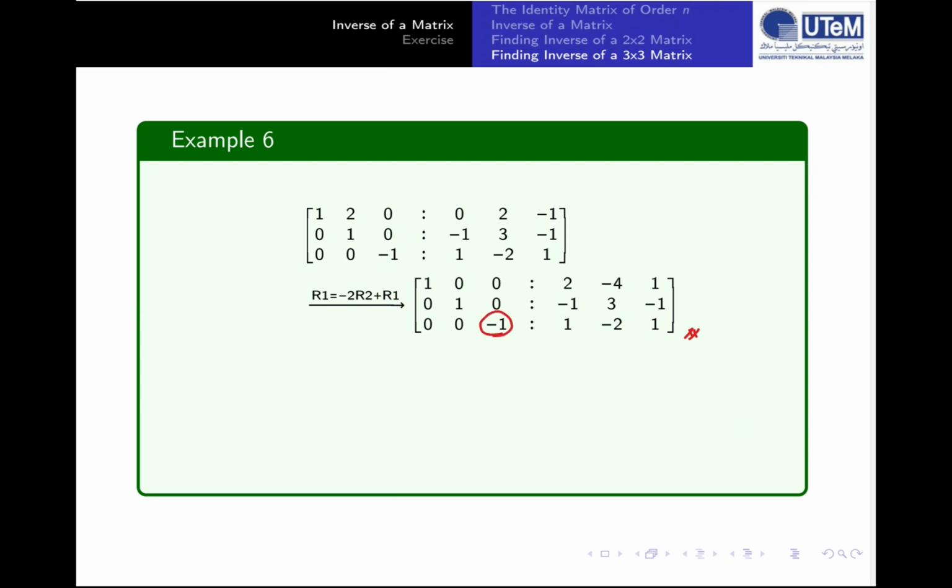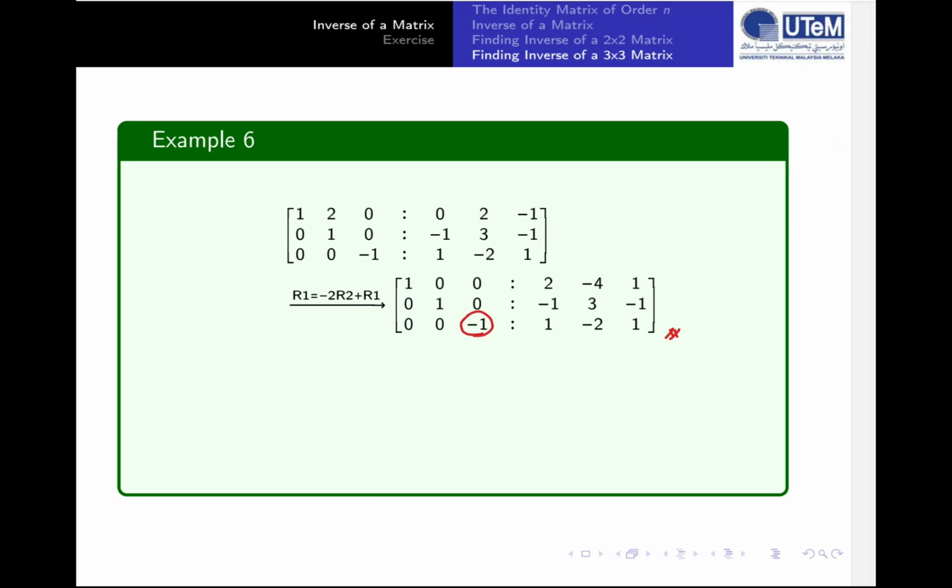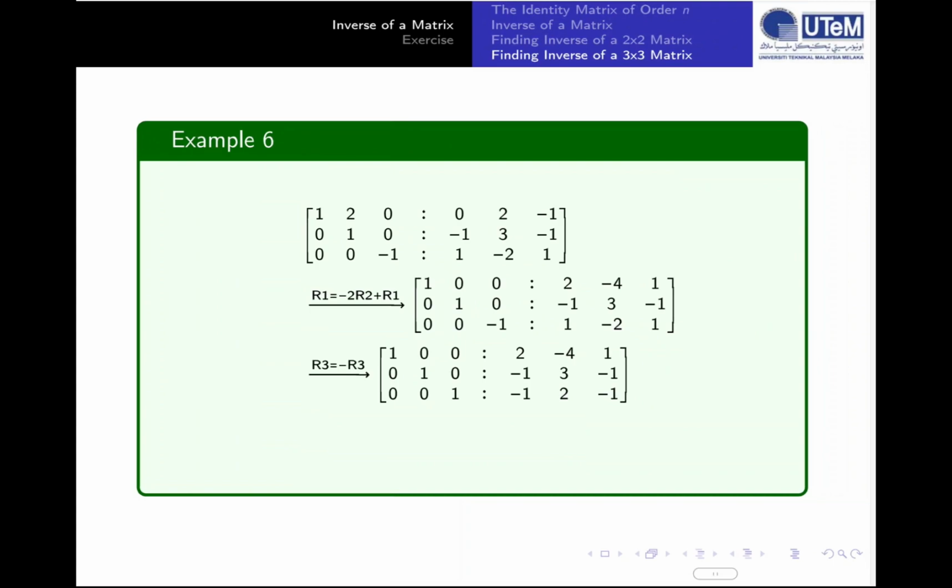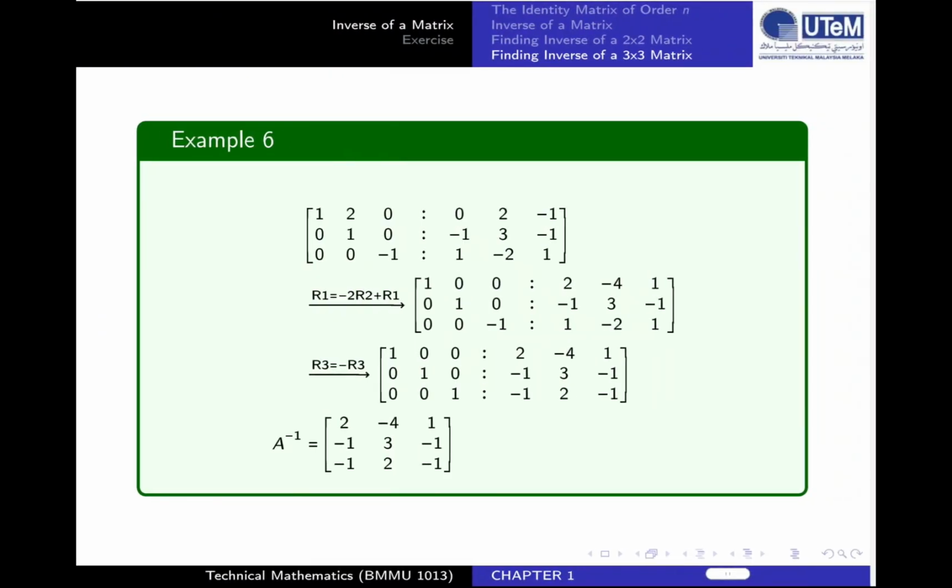The last one, we want to change -1 to become 1, so we can get this final answer. On the left hand side is already the identity matrix. Then the right hand side is the inverse of matrix A, which is A inverse equal to 2, -4, 1, -1, 3, -1, -1, 2, and -1. So that is the answer for example 6.